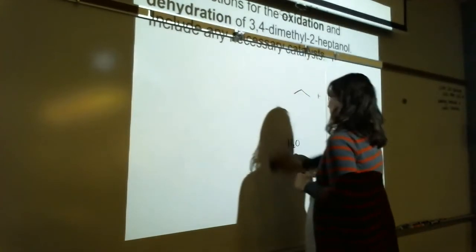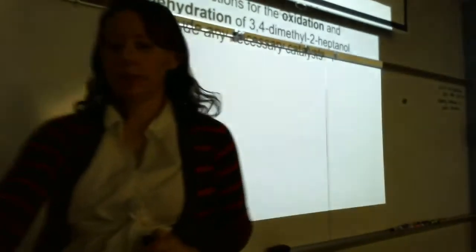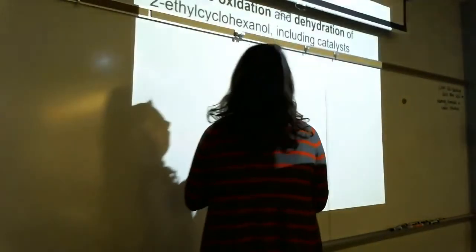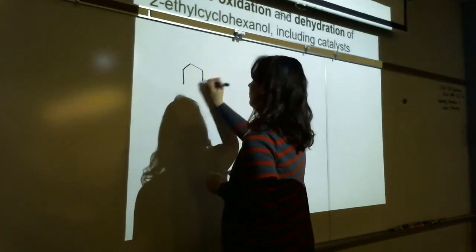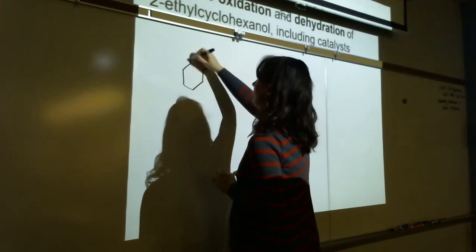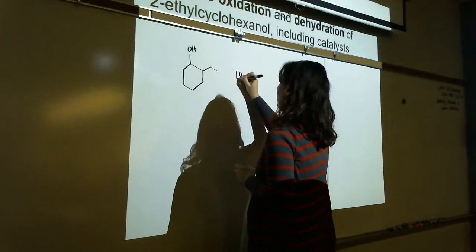And then the last problem we're going to do for today, we're doing 2-ethylcyclohexanol. We're doing the same thing. We're writing 2 reactions. Cyclohexanol would be a 6-membered ring. 2-ethyl, 1, 2. So this would be number 1. So let's do oxidation first.